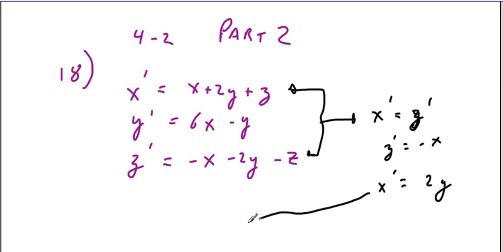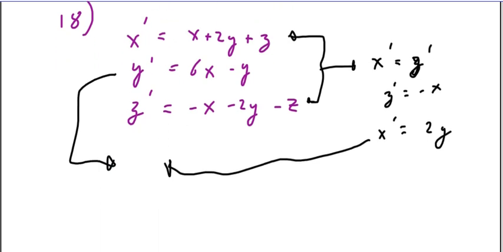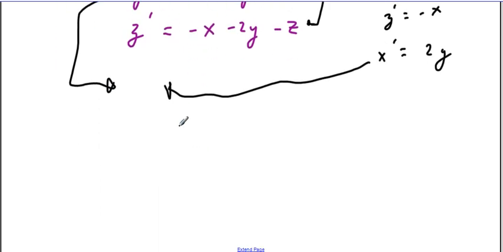So z prime is equal to minus x, and x prime is equal to 2y. Then we're going to take that and combine it with the second equation down. We're going to say that y double prime is equal to 6x prime minus y prime.